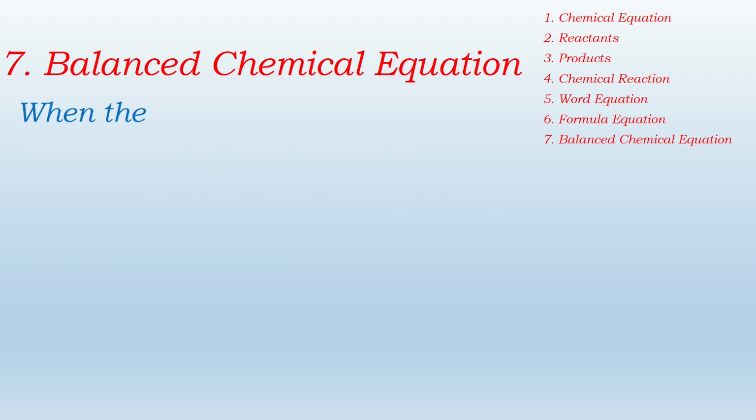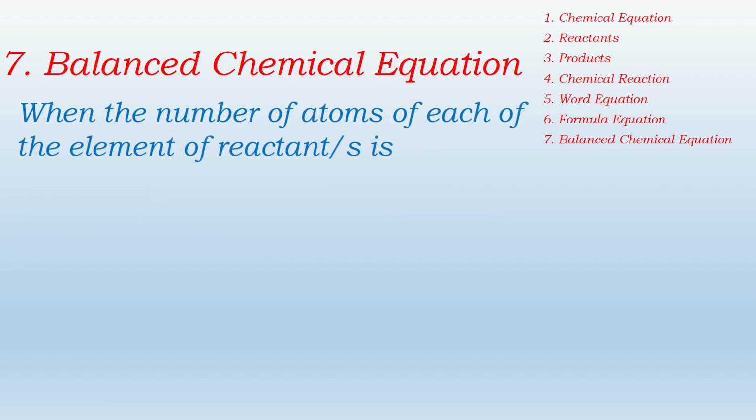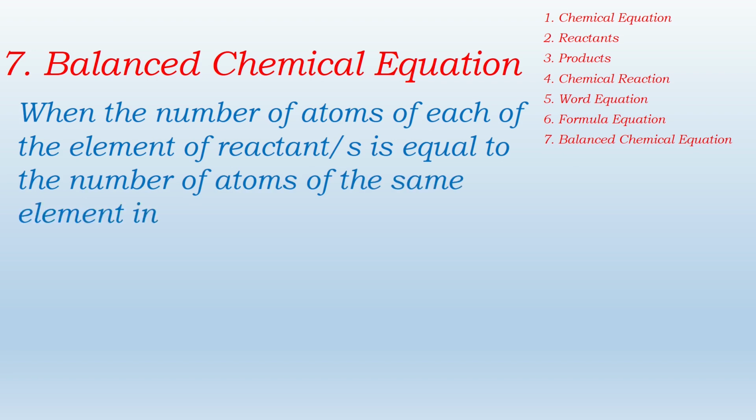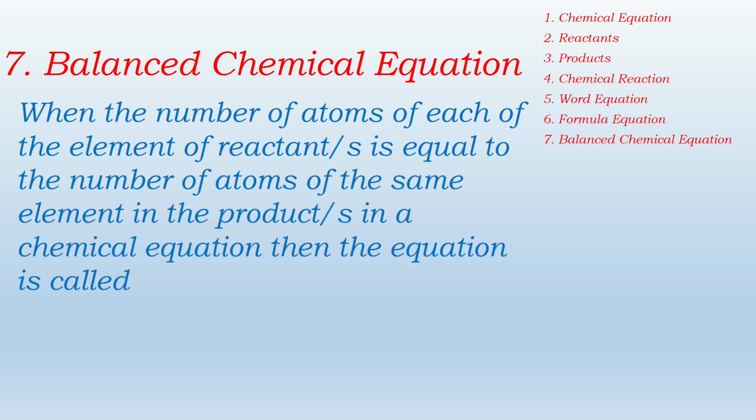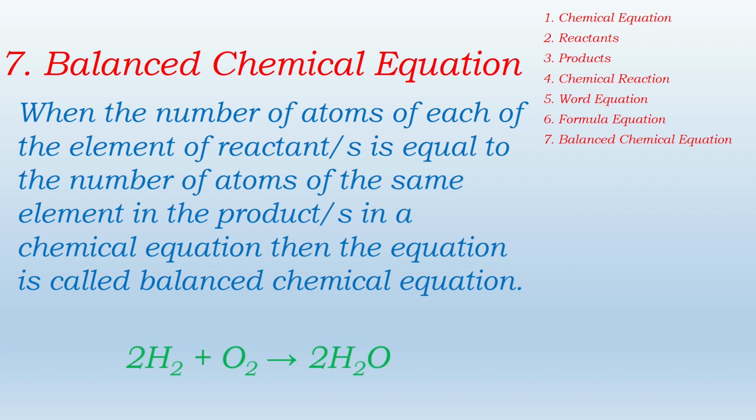Now balanced chemical equation. What is it? When the number of atoms of each element of the reactant or reactants is equal to the number of atoms of the same element in the product or products in a chemical equation, then the equation is called a balanced chemical equation. It can be understood clearly with the help of an example. Look at this reaction between hydrogen and oxygen gas to form water.